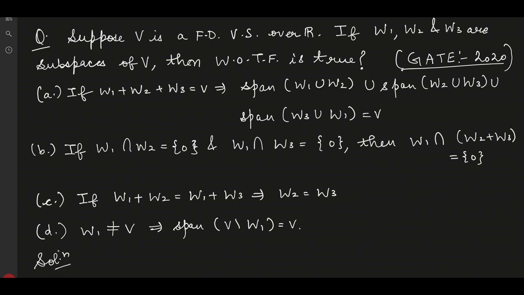So to discard the first three options, I need to take some examples. V is equal to R cube.